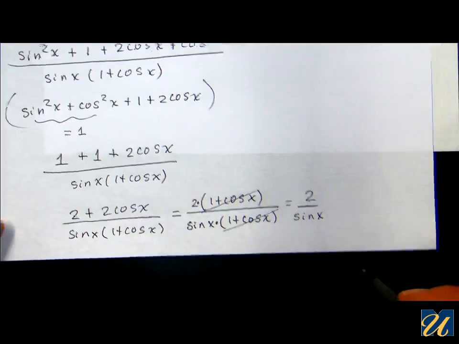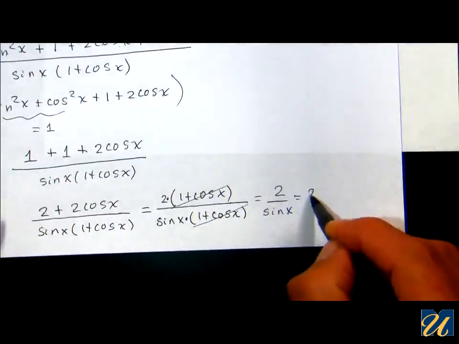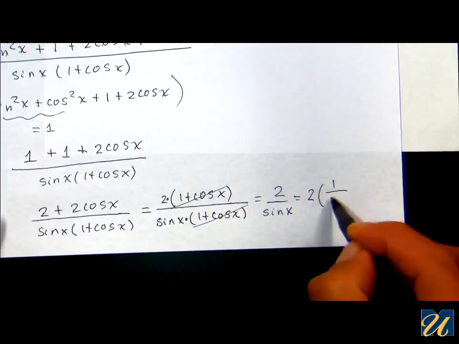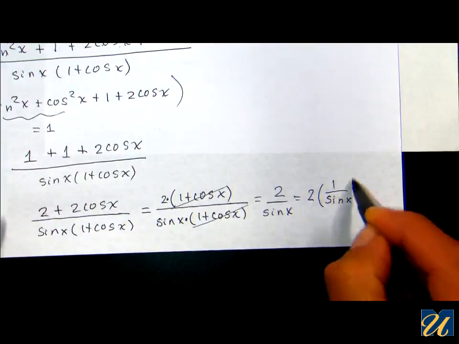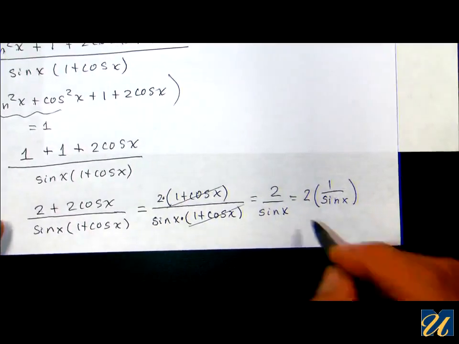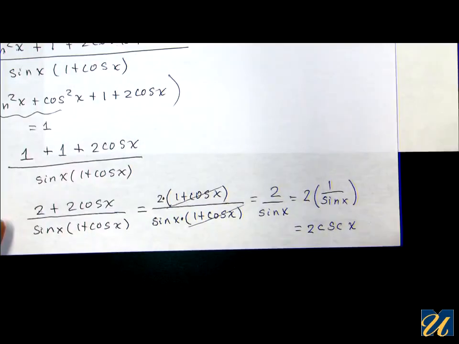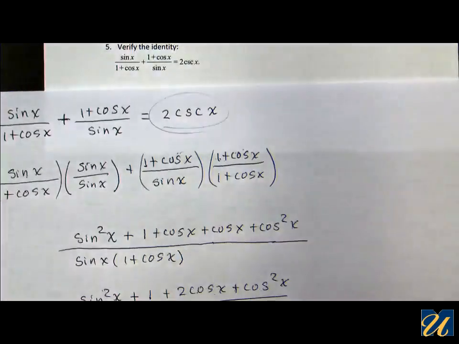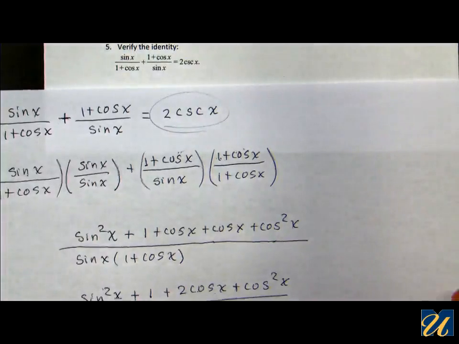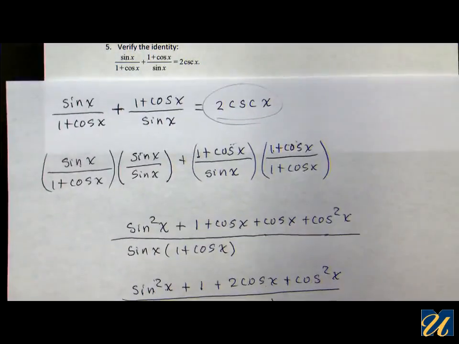This is, in other words, 2 times 1 over sine of x. Just thinking about the fraction differently. And that is 2 cosecant x. And why is that a good thing? That's what we were asked to show. So we've got it. So let's review that.